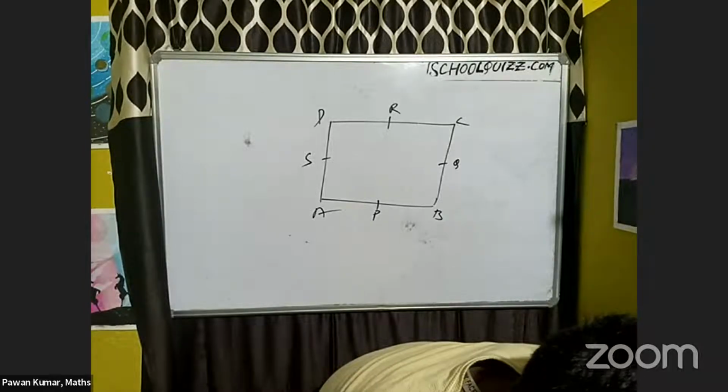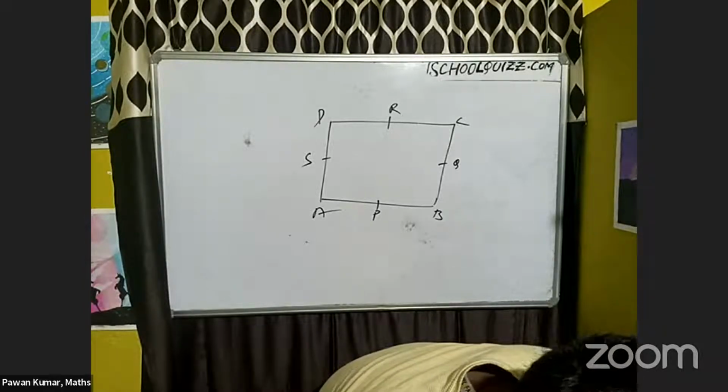Chapter 8. What is quadrilateral? 8.2 question number 1 or 2? Sir, 1. 1.